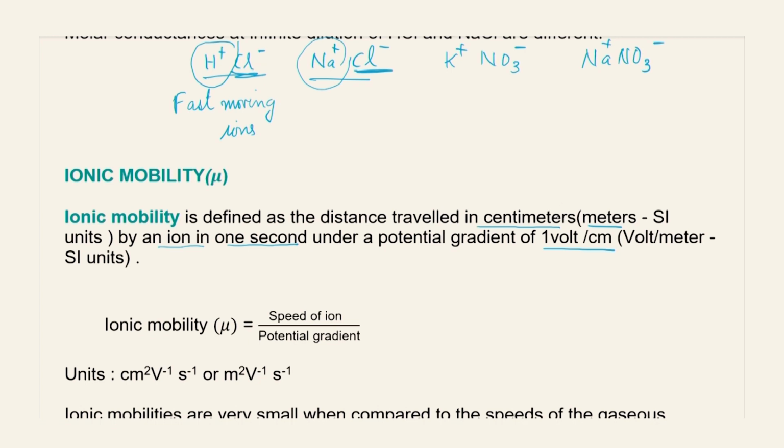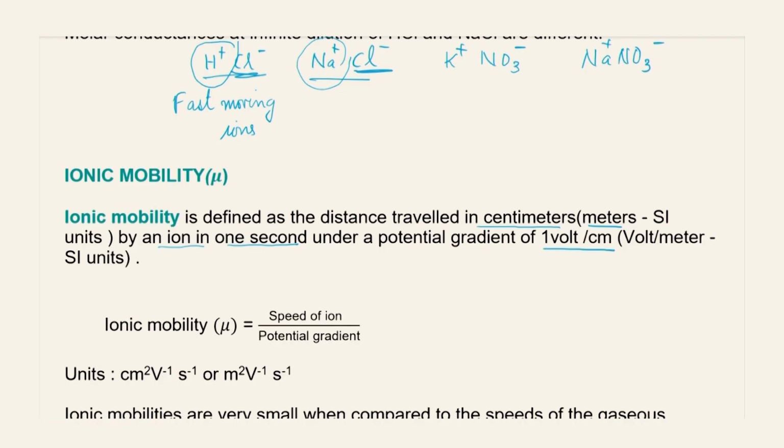In SI it will be meter instead of centimeter. So, what is ionic mobility? It is the distance travelled in centimeters per second by an ion under a potential gradient of 1 volt per centimeter.